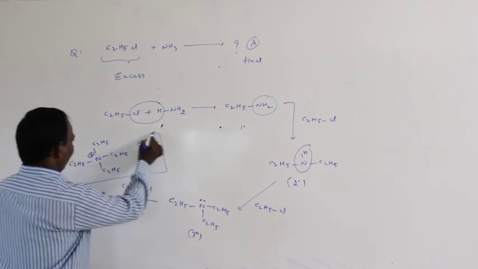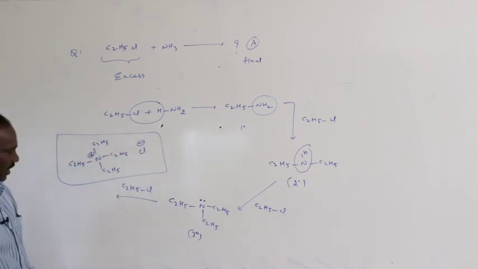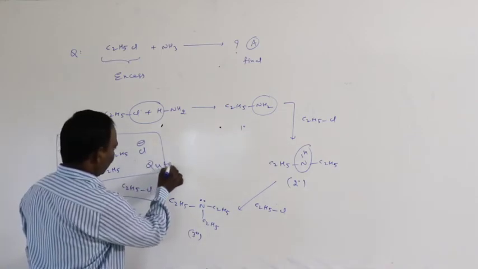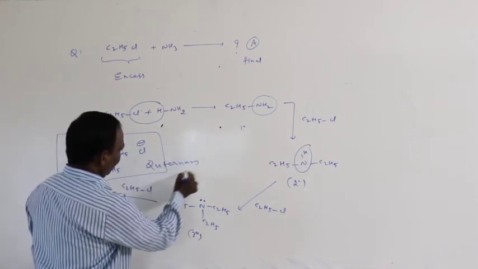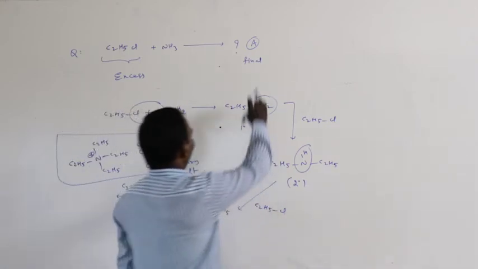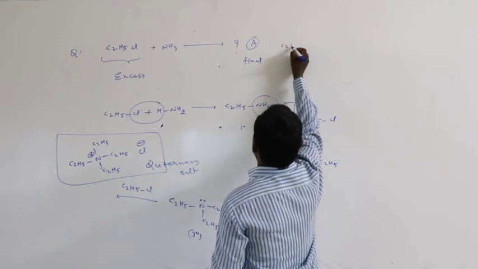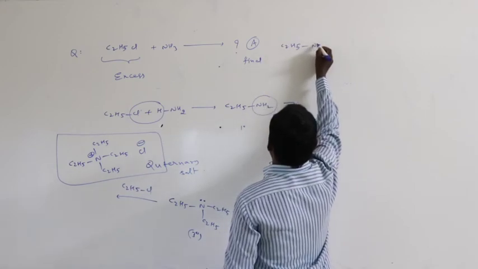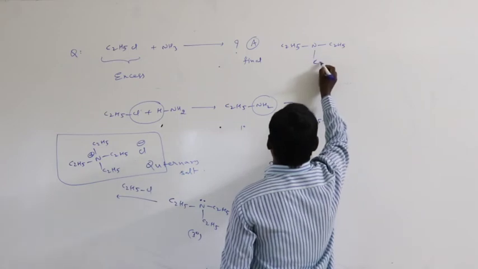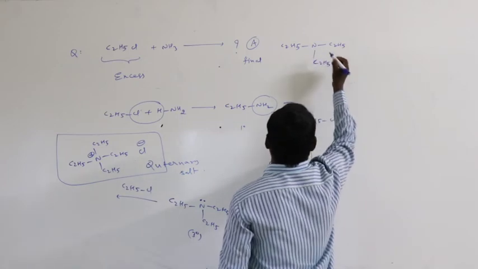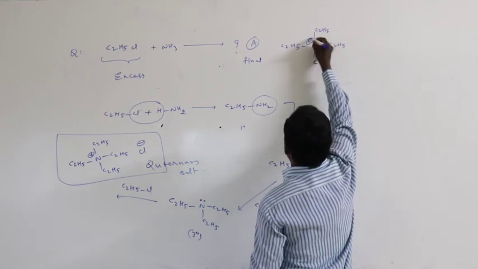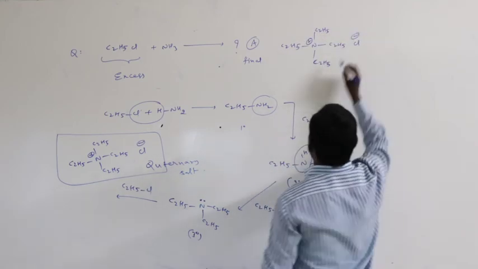So your final product obtained in this reaction is a quaternary salt. It is called quaternary salt formation. So in this reaction, the final product is N(C2H5)4 plus Cl minus.